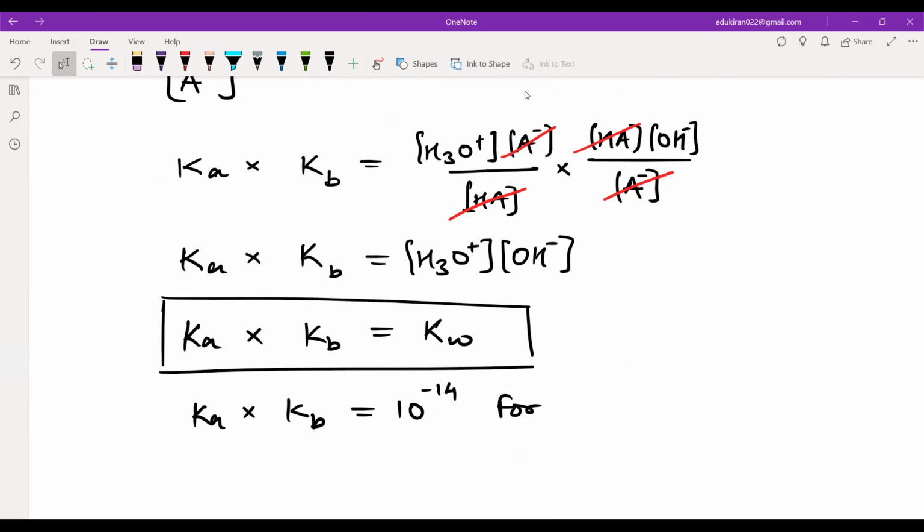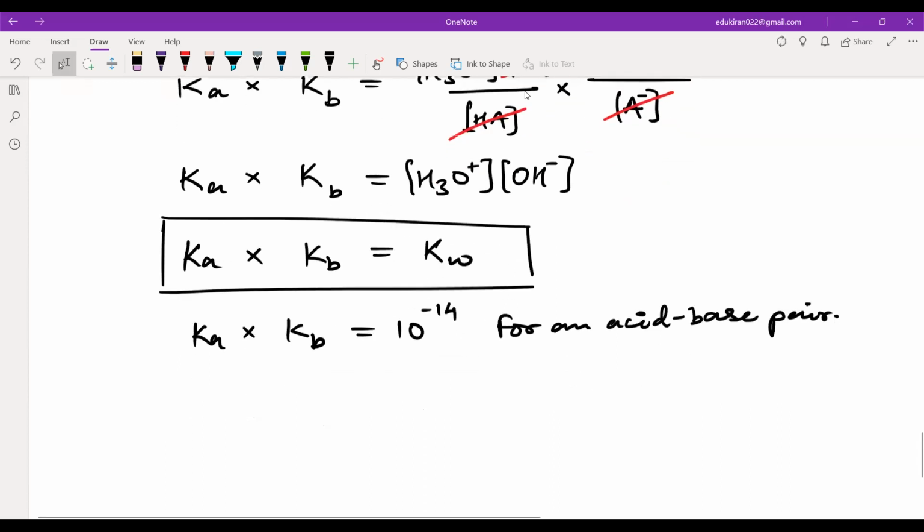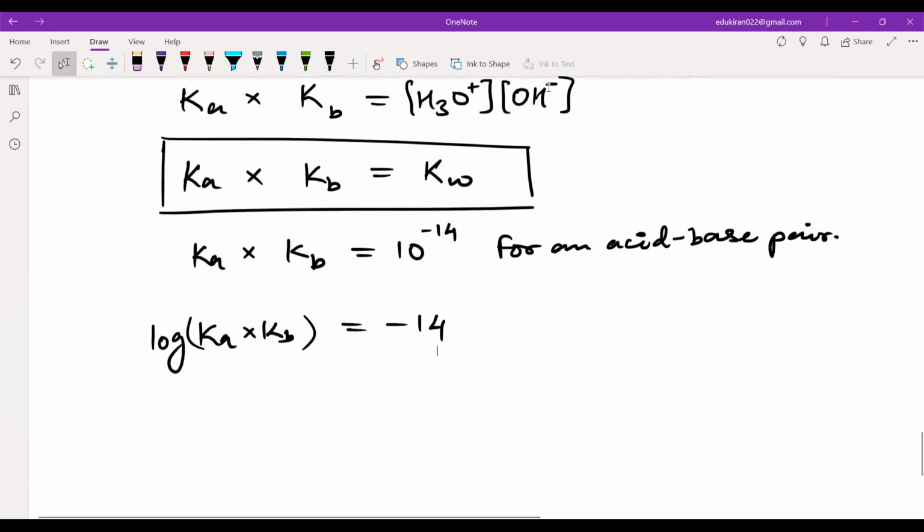Please remember this for an acid base pair. Furthermore, we take the log of Ka into Kb, which is equal to minus 14. Now you can see what is happening here.